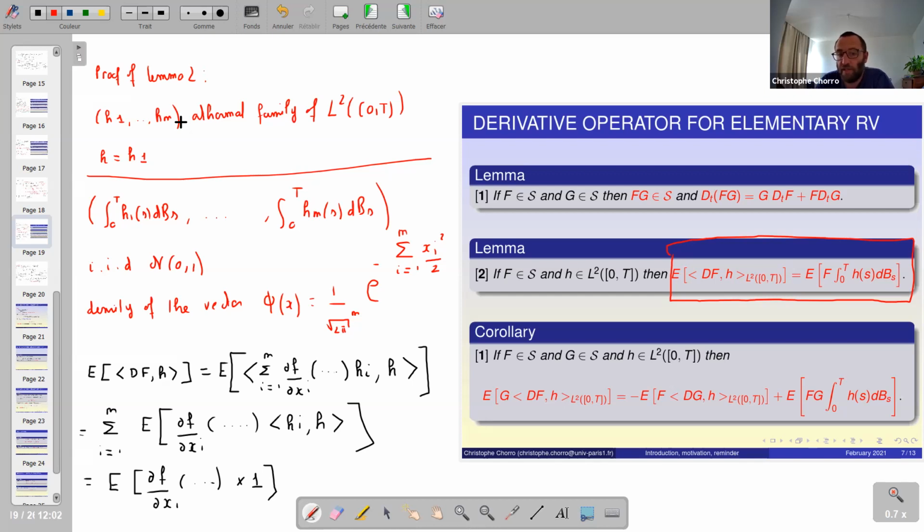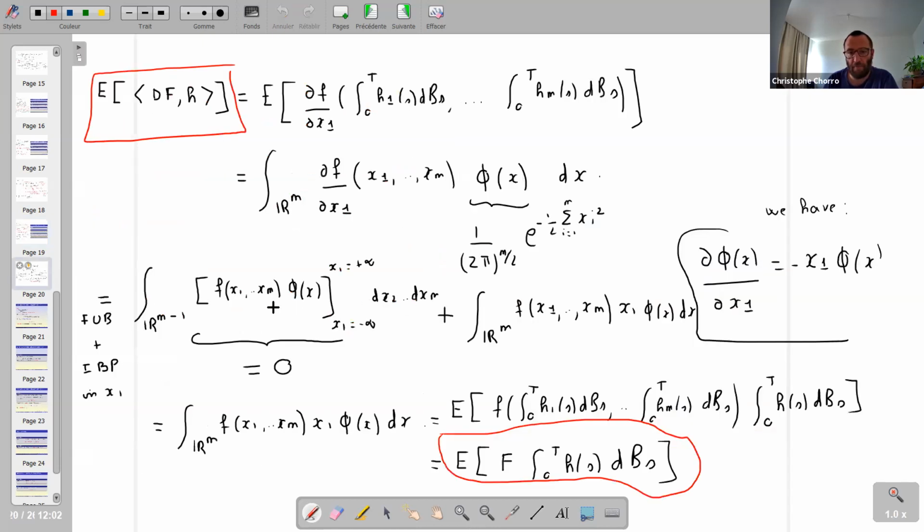In fact, here you see that the only real argument that I use in order to prove this formula is just the integration by parts formula that I use here with respect to the Gaussian density function. And that's why I am able to transfer the derivative here into an integral with respect to the Brownian motion.